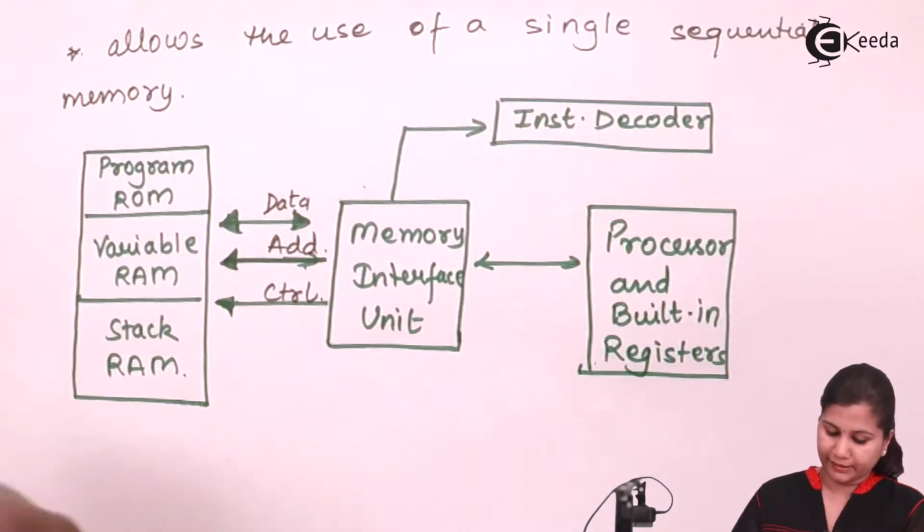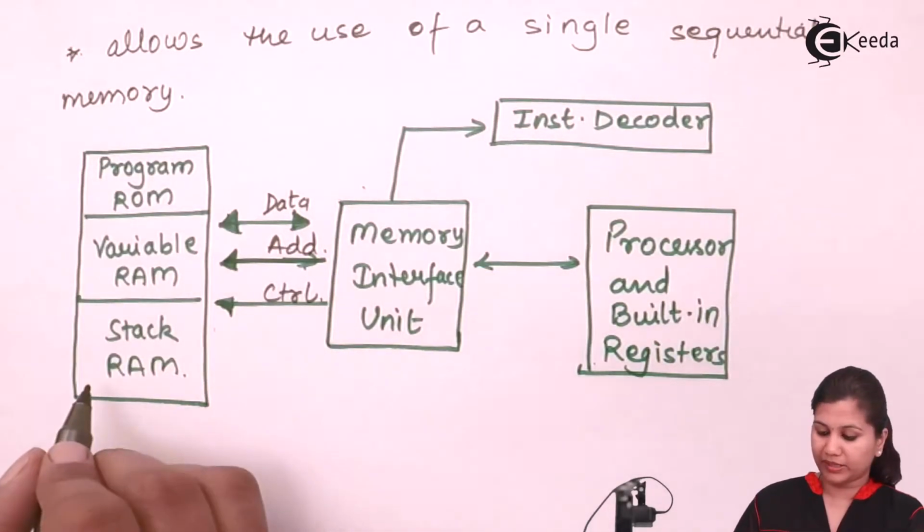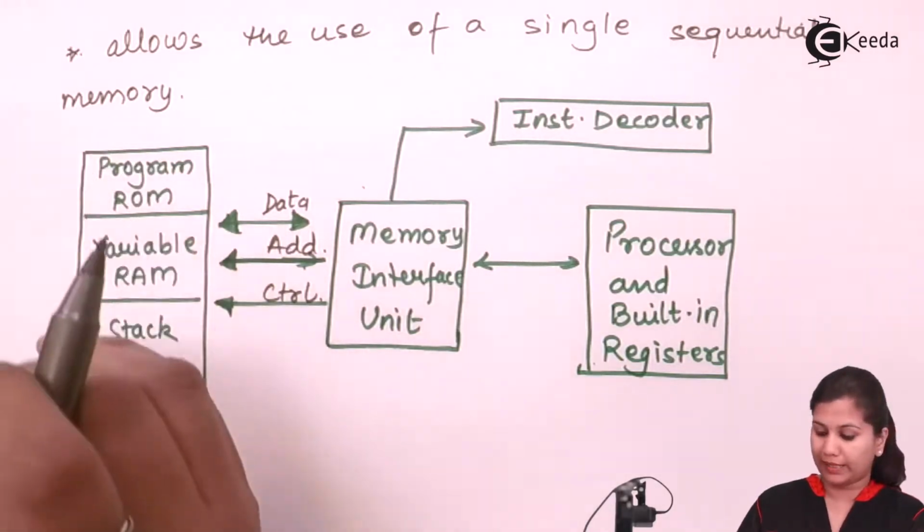There is a single memory space, and this memory is divided into the program ROM and RAM.